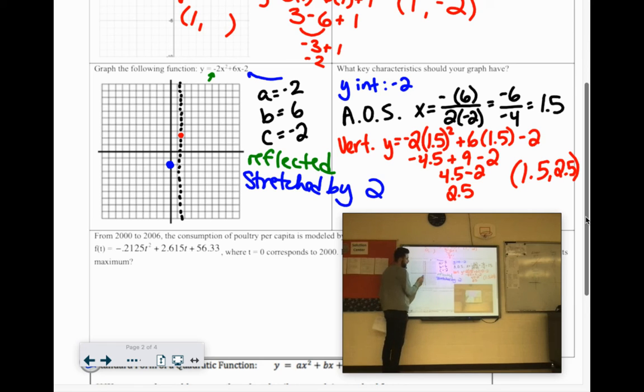That point is 1.5 away from the axis of symmetry, so we can reflect it 1.5 the other direction and not have to do the math for it. So that coordinate would be 1, 2, 3, 2.5. This one was the 0, -2. And then the vertex was at 1.5, 2.5. So we have enough points to draw our parabola at this point.